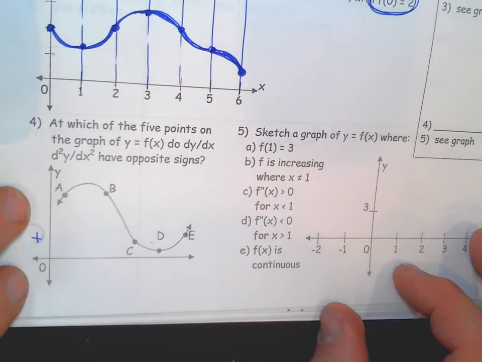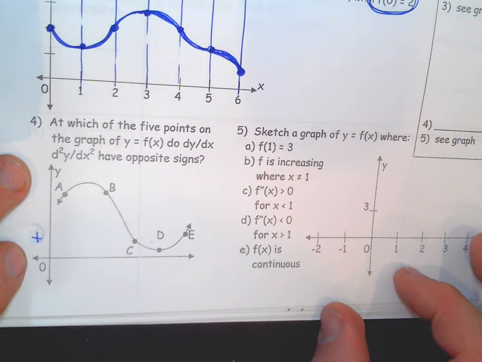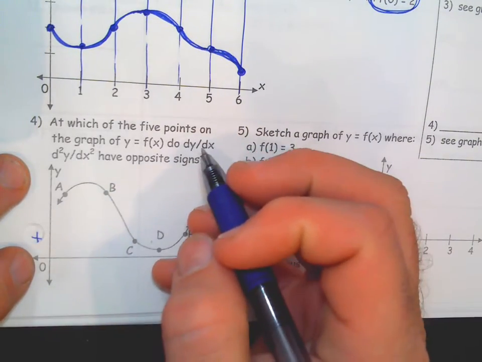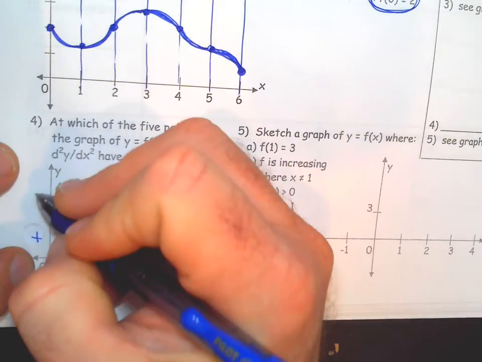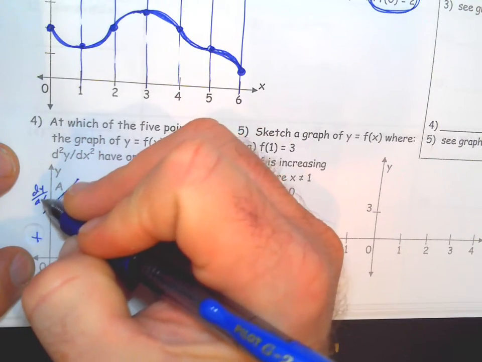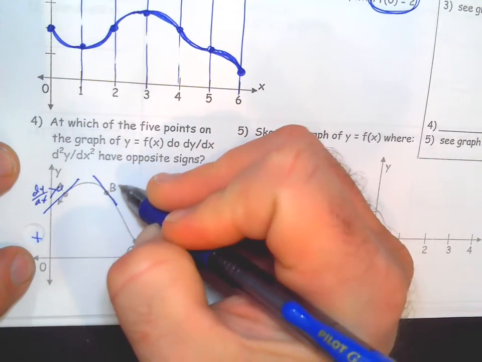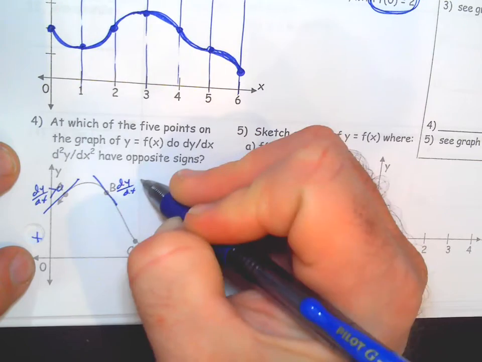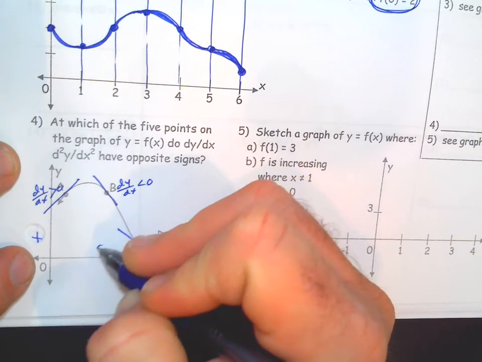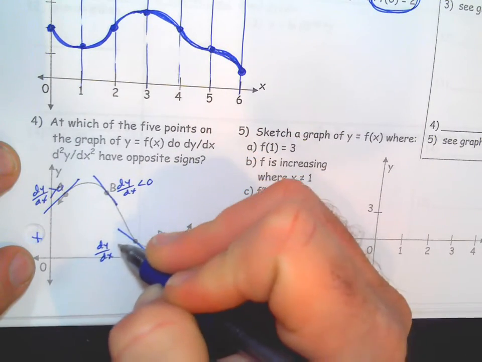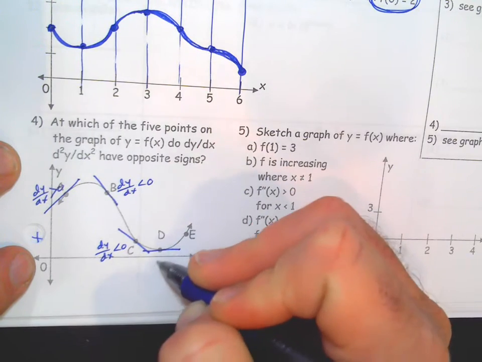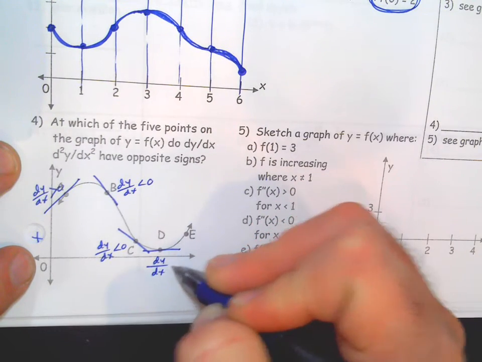Let's see. At which of the 5 points of the graph do dy/dx and the second derivative have opposite signs? So I think we had some problems like this out of the book before. So here, dy/dx is positive, and here, the slope is negative, and here, dy/dx is negative. It's going down. Here, I'd say dy/dx is 0.